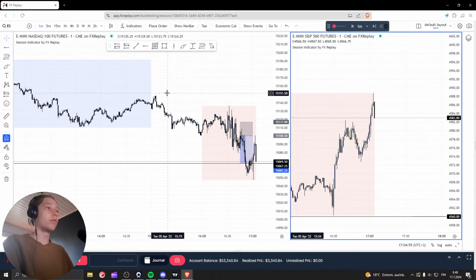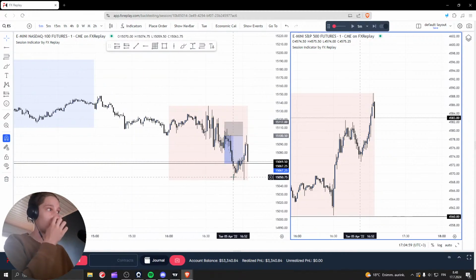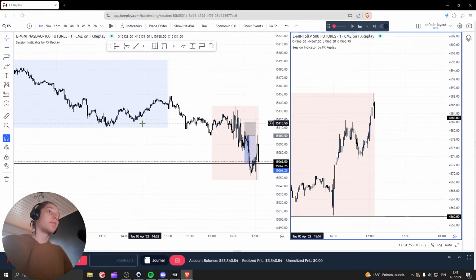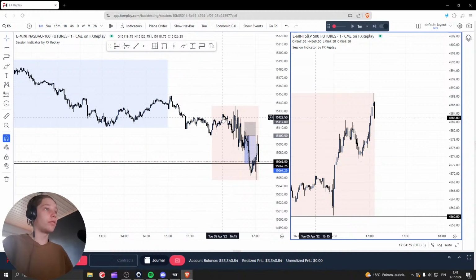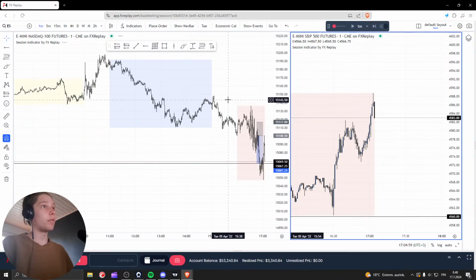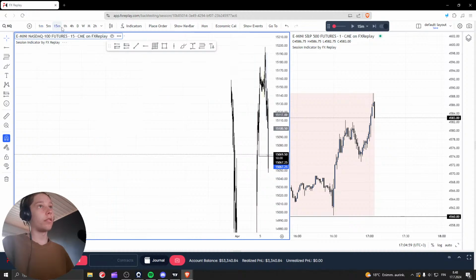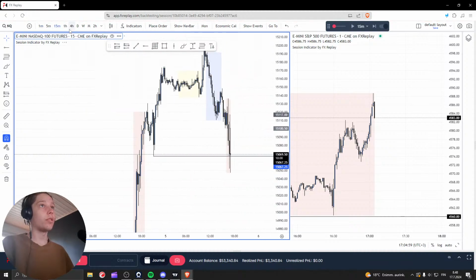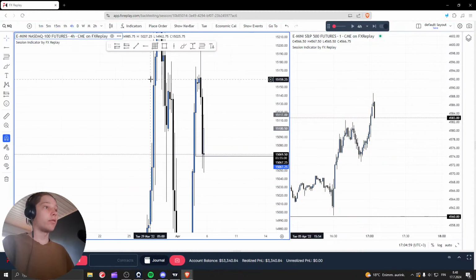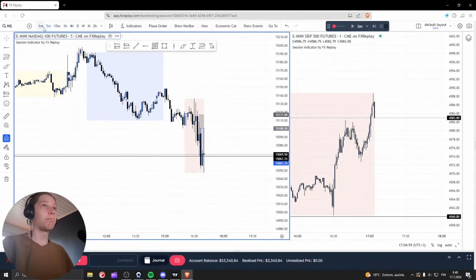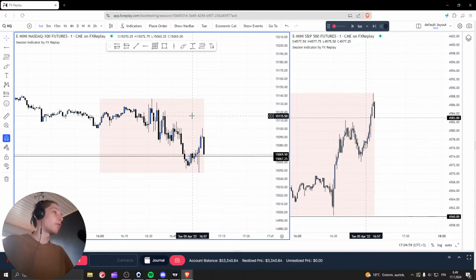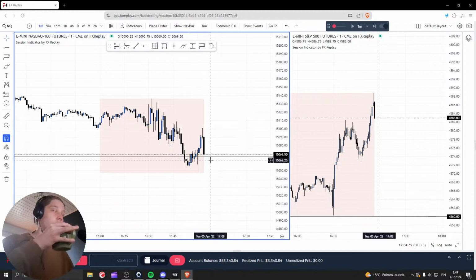So now, do you see any new models here? Because NQ is lagging behind and we are building liquidity up here. This could be a 1 minute buy model after a higher time frame sweep and a rejection from 4 hour. Maybe this could be a buy model, because we are having huge SMT.